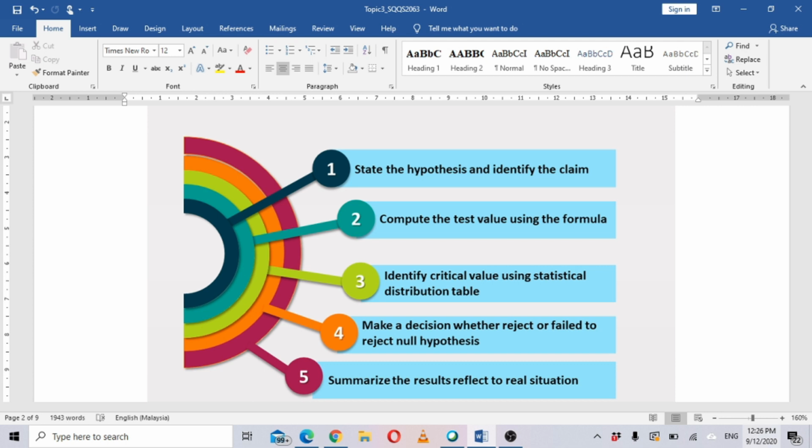In order to make a decision, we must have a clear picture. We must have the values from step 2 and step 3, because based on them, we can make a decision. Then after that, we make a summarization that reflects the real situation. So these are the 5 steps that we must follow when we conduct a hypothesis test.